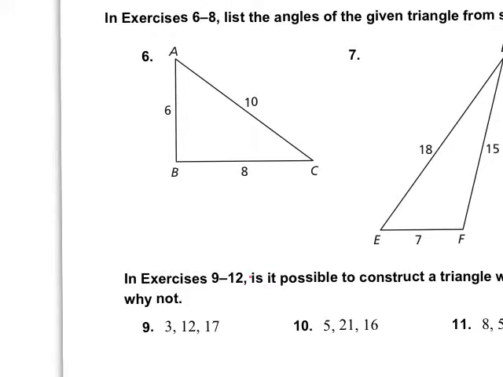So let me try to be a little more clear here. So we'll say measure of angle C is smaller than measure of angle. So the middle one would be the middle side, which is 8. So opposite angle would be angle A is smaller than measure of angle. 10 is the biggest side, so the opposite angle, angle B, would be the largest.